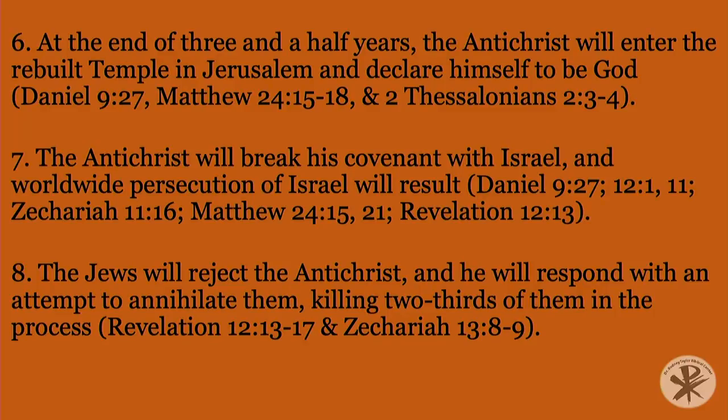That's found in Revelation 12, verses 13 through 17, and in Zechariah 13, 8 through 9. So they will reject the Antichrist, and he will turn on them, a prophecy yet to be fulfilled.